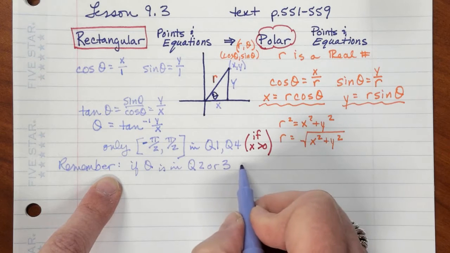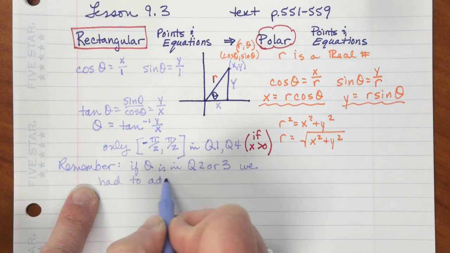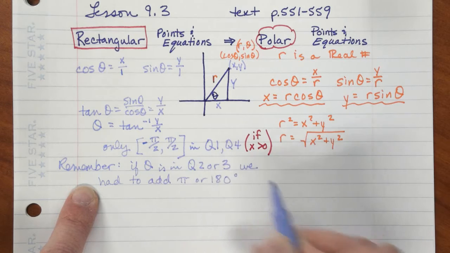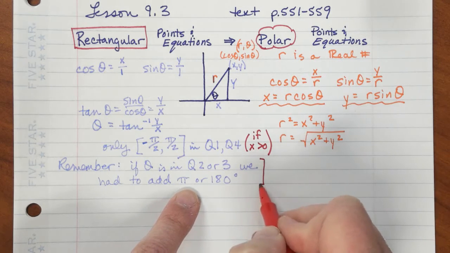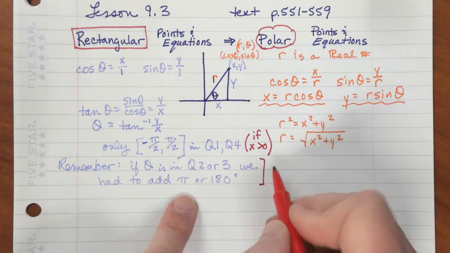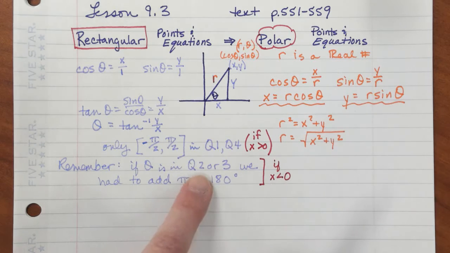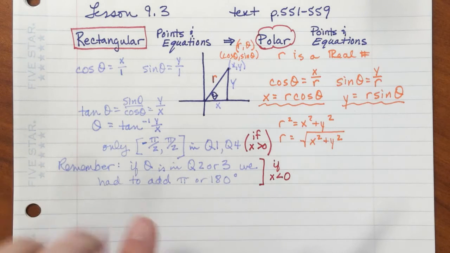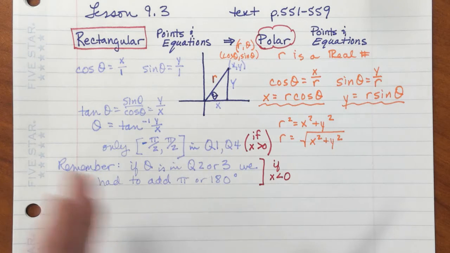Do you remember? We had to add pi or 180. I don't care which one you use, because we had to kick it around to quadrants 1 and 4. This will happen if x is less than 0. In quadrant 2 or 3, you have the negative x, negative cosine. So you have to add. That will help you if you remember that you're adding if it's going to be negative.